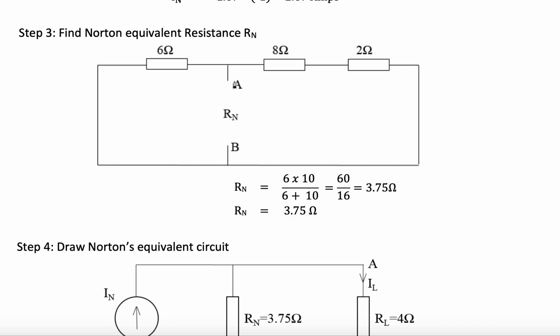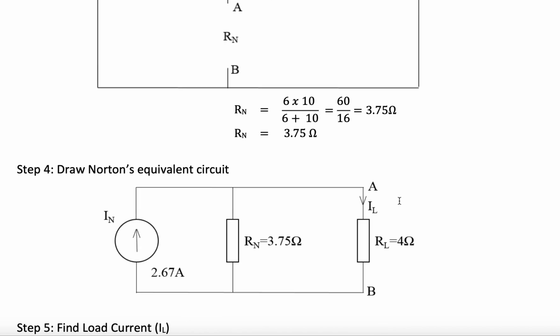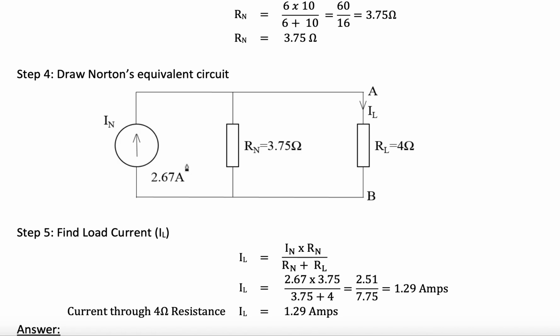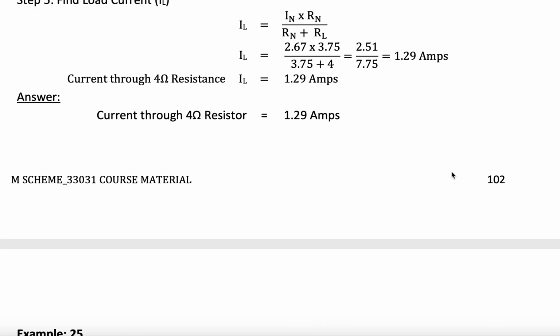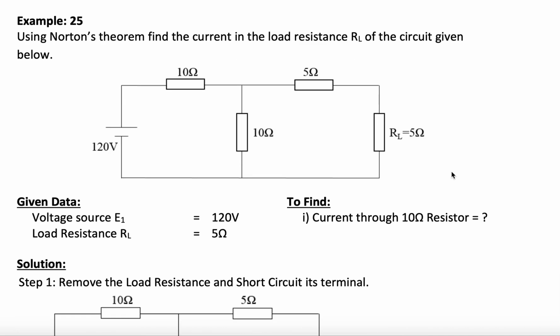If you place an imaginary fixed voltage source between A and B, then these appear to be parallel. That is how you have to look at it. So 10 parallel 6 is nothing but 3.75. So the Norton resistance is 3.75, and IN is 8 by 3. The rest you can do using the current division rule.